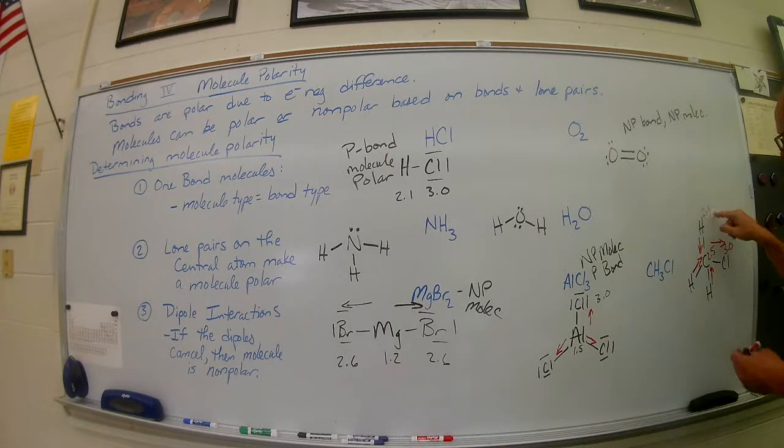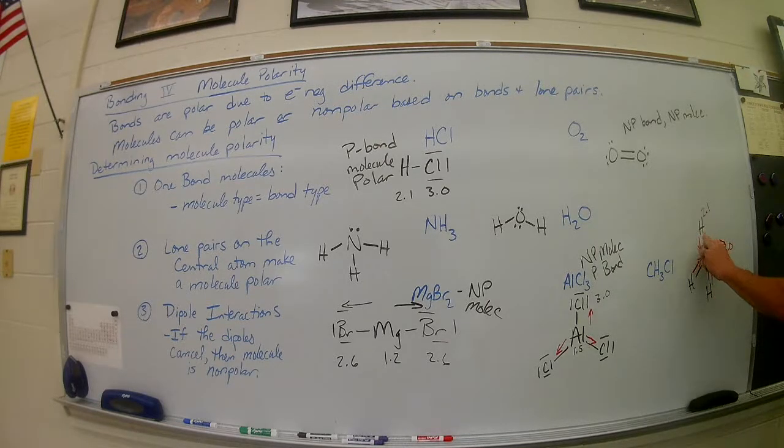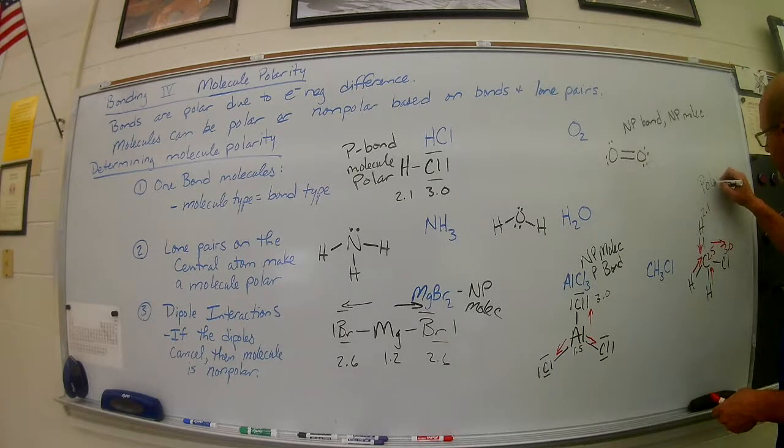Because the hydrogens are lower than the carbon, the carbon is drawing the hydrogen electrons in, and the chlorine is pulling the carbon's electrons out. This whole molecule is going to become very polarizable. So we have, once again, a polar molecule, and in this case we have all polar bonds.